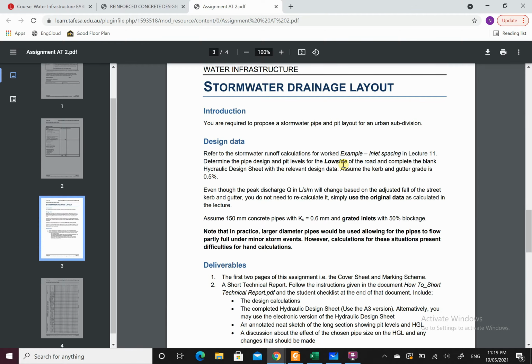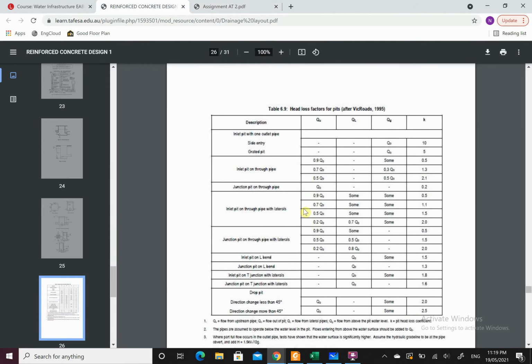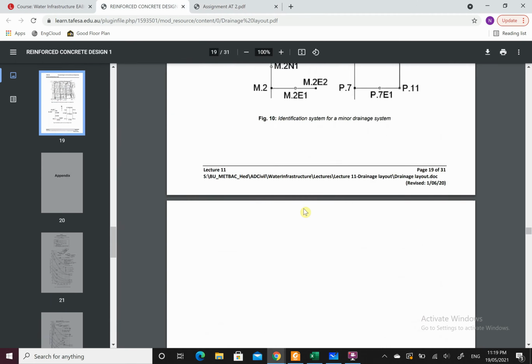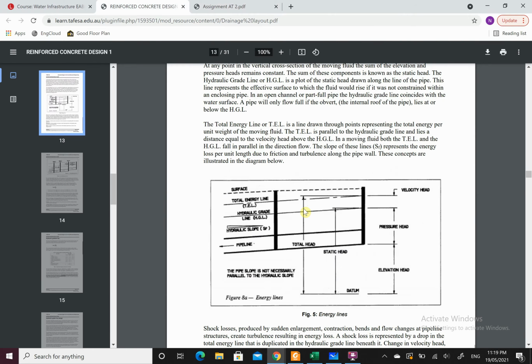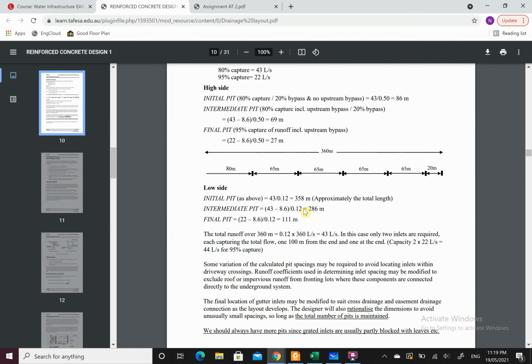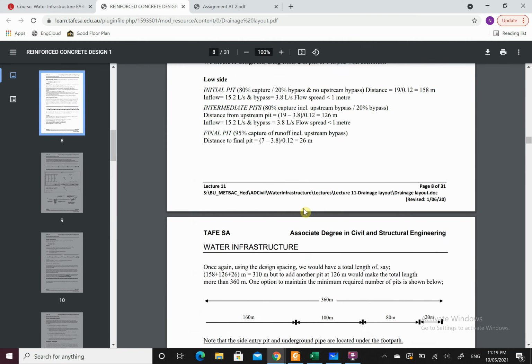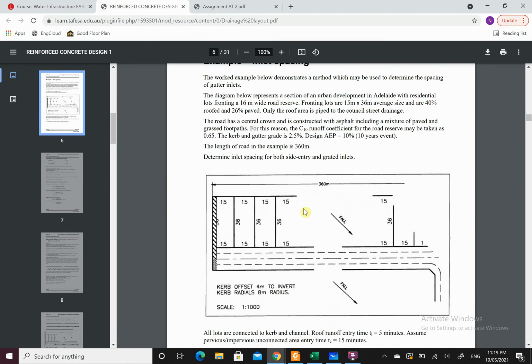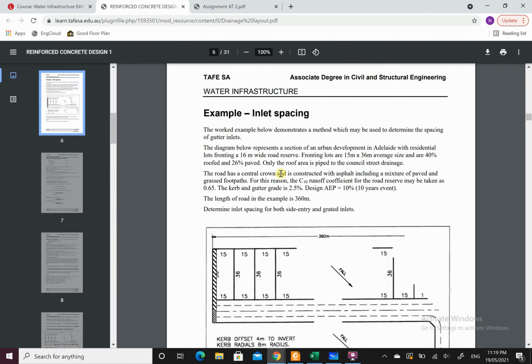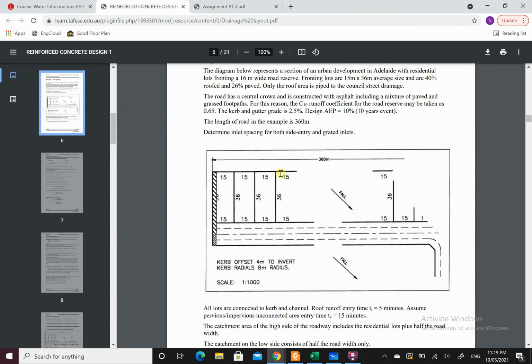Let's open her up. We are looking for, where's our worked example? Cool, this one here. Let's go to the start of it. Alright, so inlet spacing. We've gone through this example here.